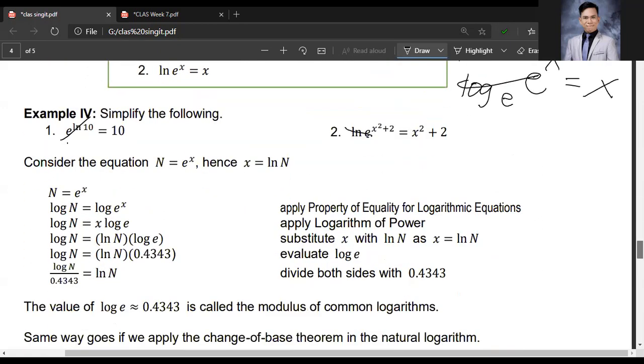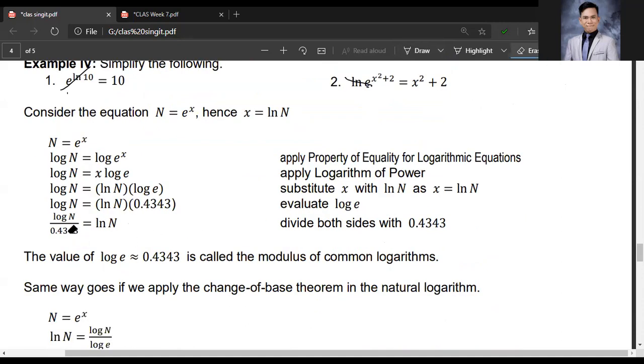Class, using common logarithm, pwede natin hanapin yung ln ng any number. ln n is equal to logarithm of n over 0.4343. Paano natin na-derive yan? Hindi ko na-explain masyado, class, pero sure ako na ang 0.4343 ay nanggaling sa log e.